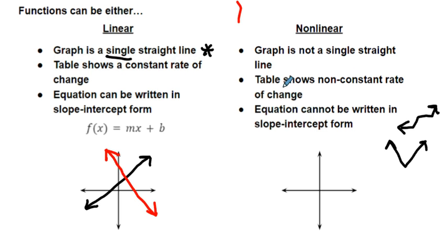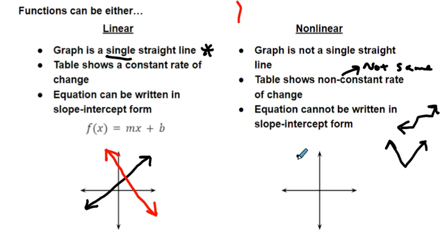All right. A table will show different rates of change, right? So it's non-constant. It means it's not the same. That's what constant means, the same. So not the same, right? And then the equation can't be written in this form. And so pretty much anything that's a curve, right?